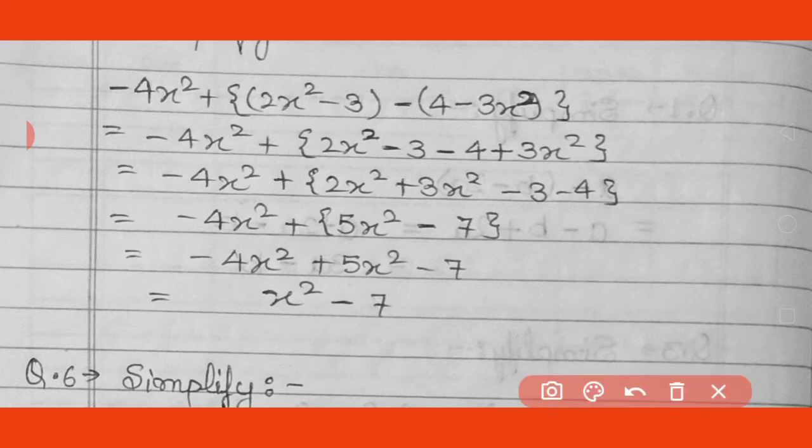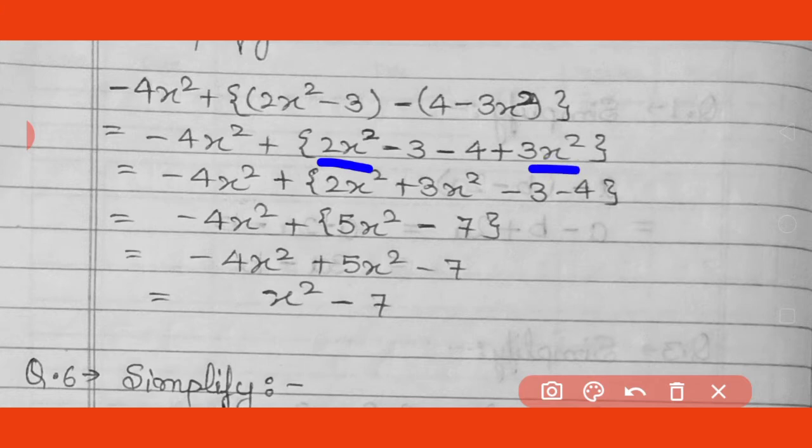Now I have solved the bracket here. Open the bracket: 2x square minus 3, and here a minus sign is given, so the inside terms' signs will be changed. So plus 4 becomes minus 4, and minus 3x square changes into plus 3x square. Next step, we will put together the like terms.